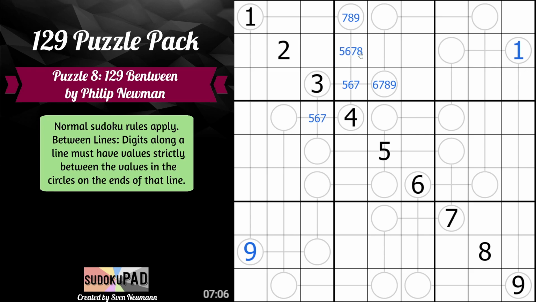And I guess this could be 8. Because this 8 is not on both between lines. It's only on this one. 8 would place 9 here. We almost have a nice quadruple. 6, 7, 8, 9. It's the 5. 5 makes it a quintuple.